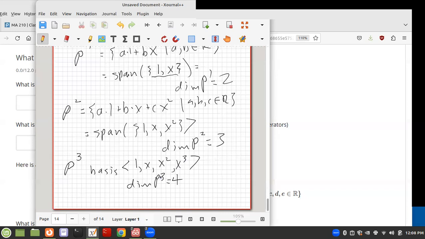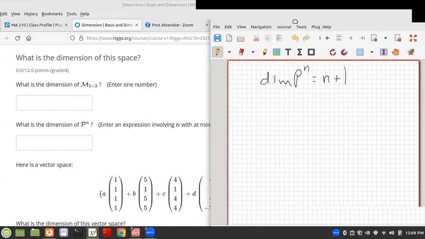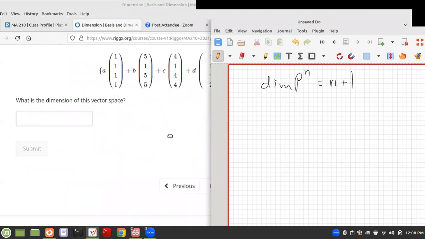So you're labeling it by the highest order polynomial, but the dimension is one more than that. So in general, the dimension of P^n is going to equal n plus 1. So that's P^n.